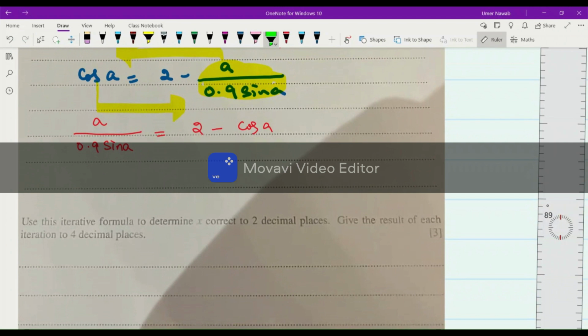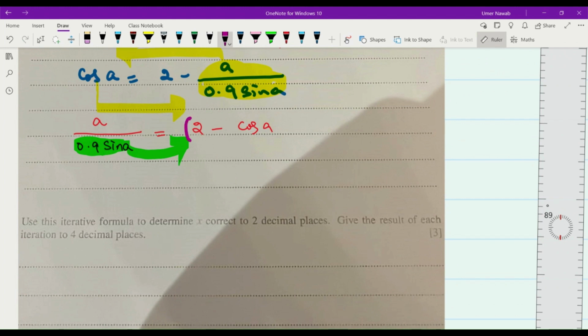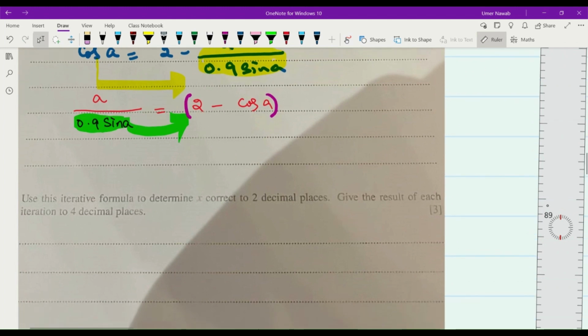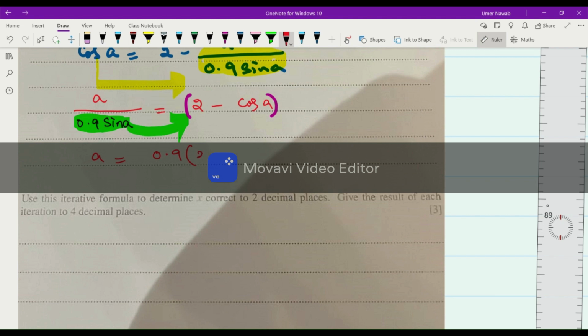Now I'm allowed to do the cross multiplication and send it to the other side. Be careful, we have two terms. You need to put the brackets on the right hand side. The final result comes to me: 0.9, I will write it on the left. So 2 minus cosine of A and sine of A.